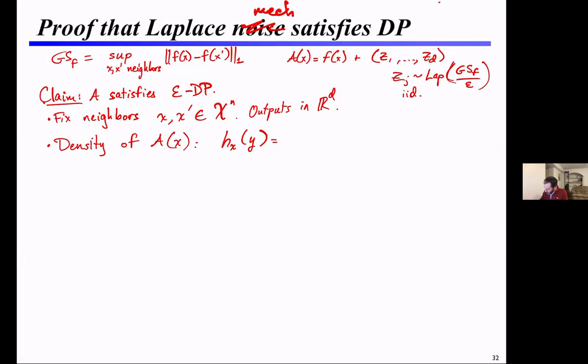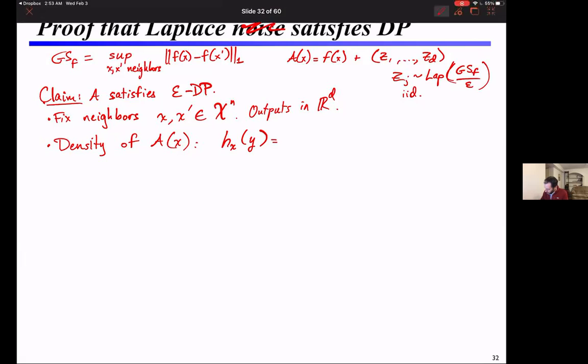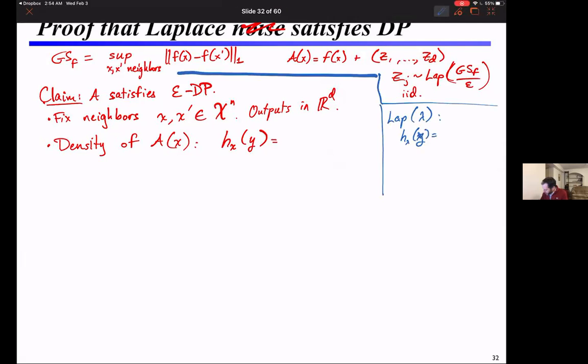Okay, so maybe it's worth just reminding ourselves what the density of the Laplace distribution is. So let's fence off some places to write reminders. With the Laplace distribution, its density, one-dimensional, is 1 over 2 lambda e to the minus absolute value of y over lambda.